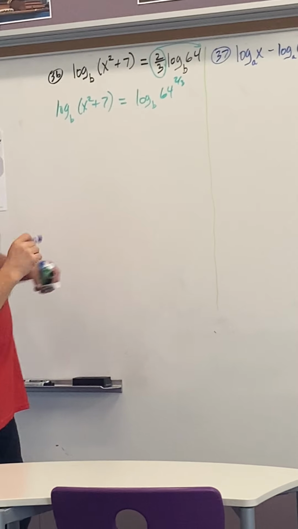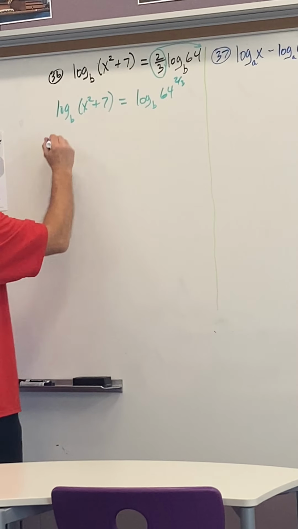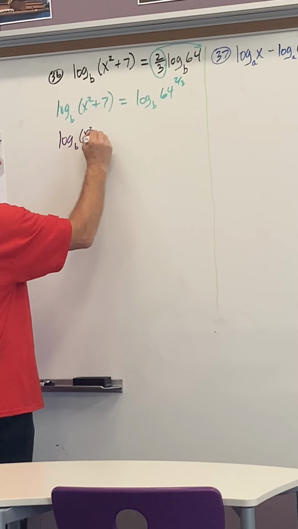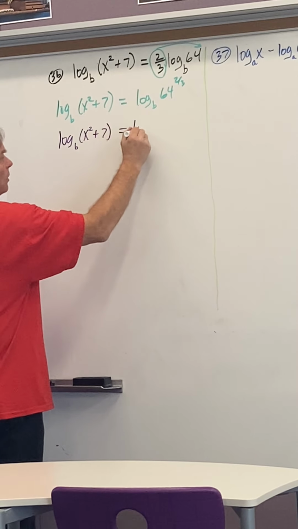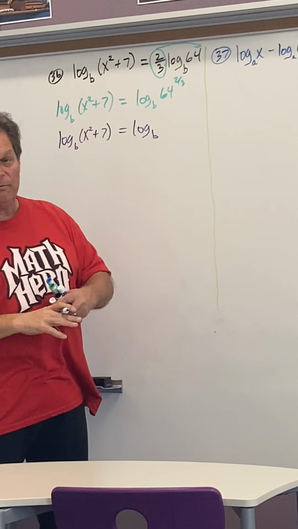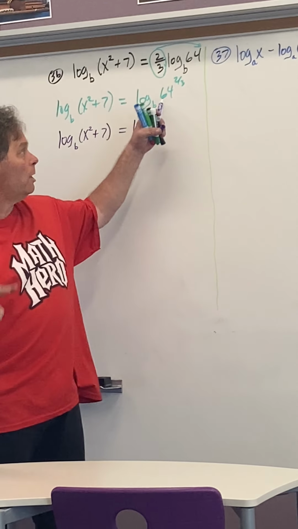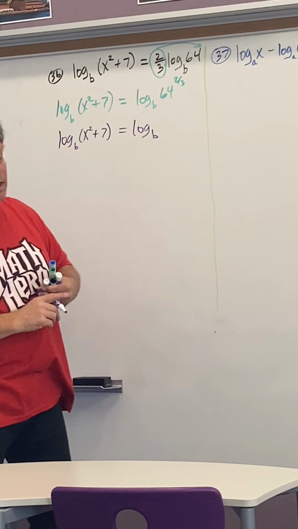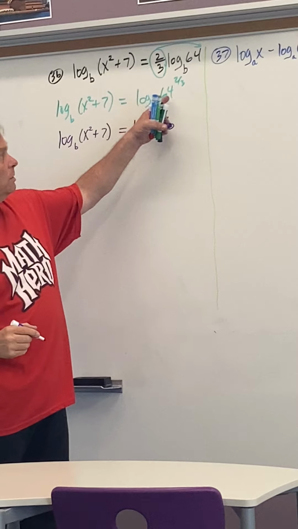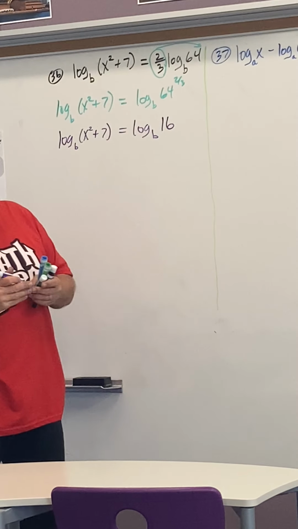Now, 64 to the 2/3 power simplifies. I can figure it out: the cube root of 64 is 4, and 4 squared is 16. So it's log base b of 16. I just turned 64 to the 2/3 into 16.